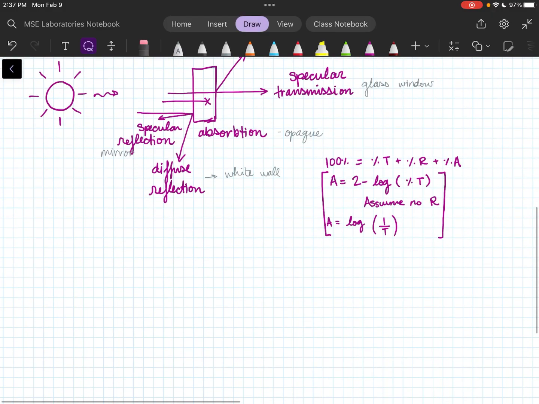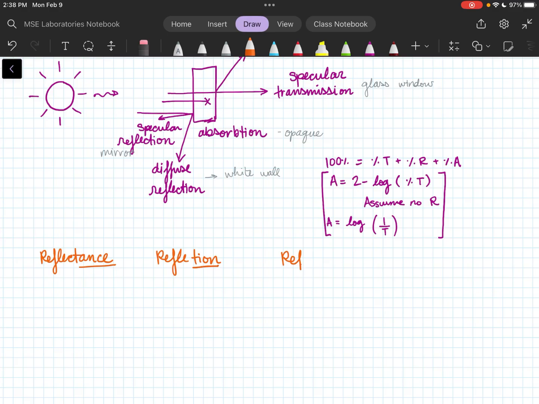Okay, let's talk a little bit about some nomenclature when we are talking about all of these things. You will see three ways that we can write the word reflect. You will see reflectance, you'll see reflection, and you'll see reflectivity.